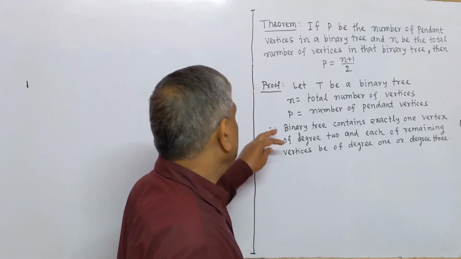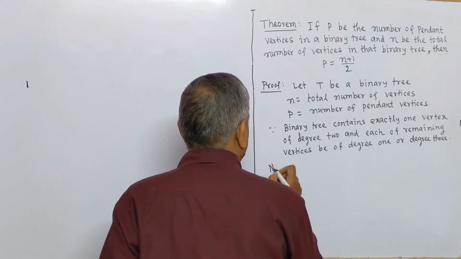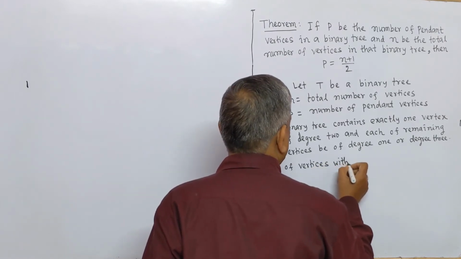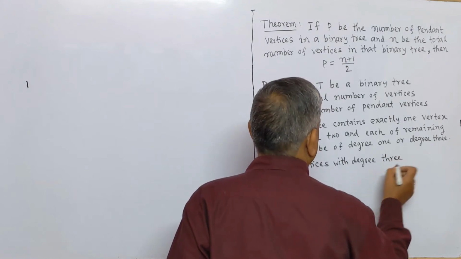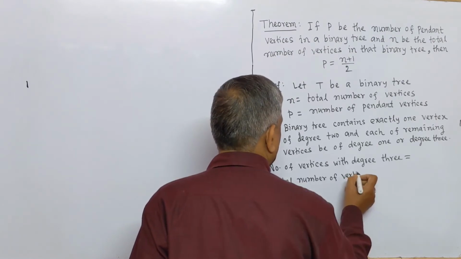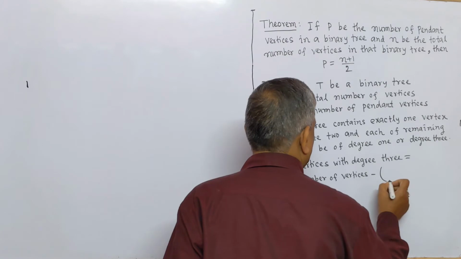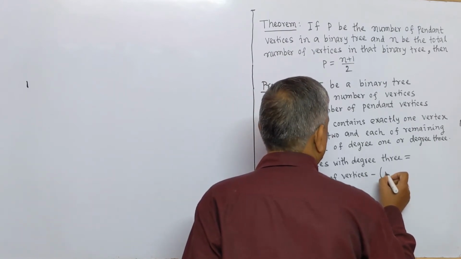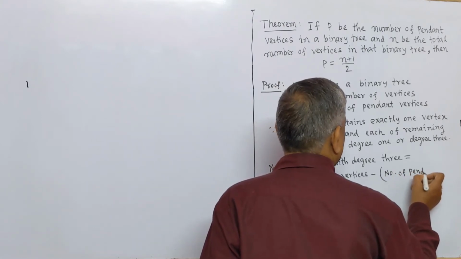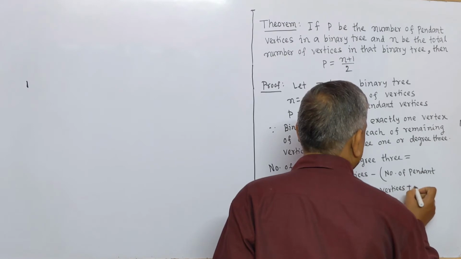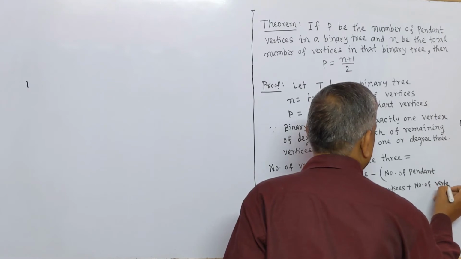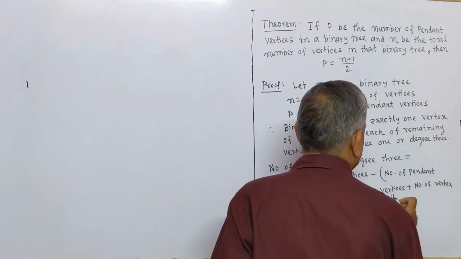So, the number of vertices with degree 3 equals the total number of vertices minus the number of pendant vertices plus the number of vertices with degree 2.